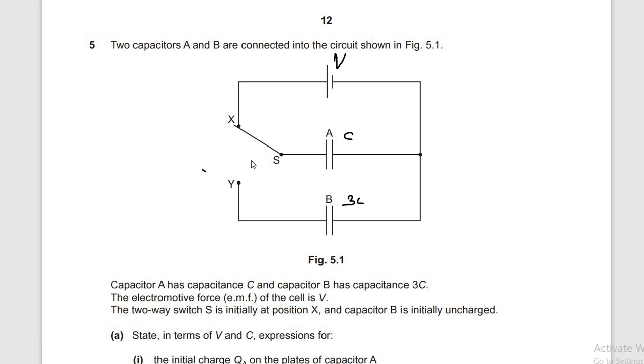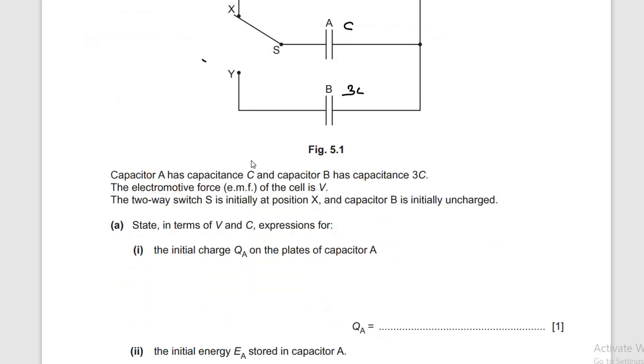So the two-way switch S, you can see the switch is initially positioned at position X. Okay, and capacitor A is on charge. When you see this question, you see that A is currently charging and B has no charge at all, according to this diagram.